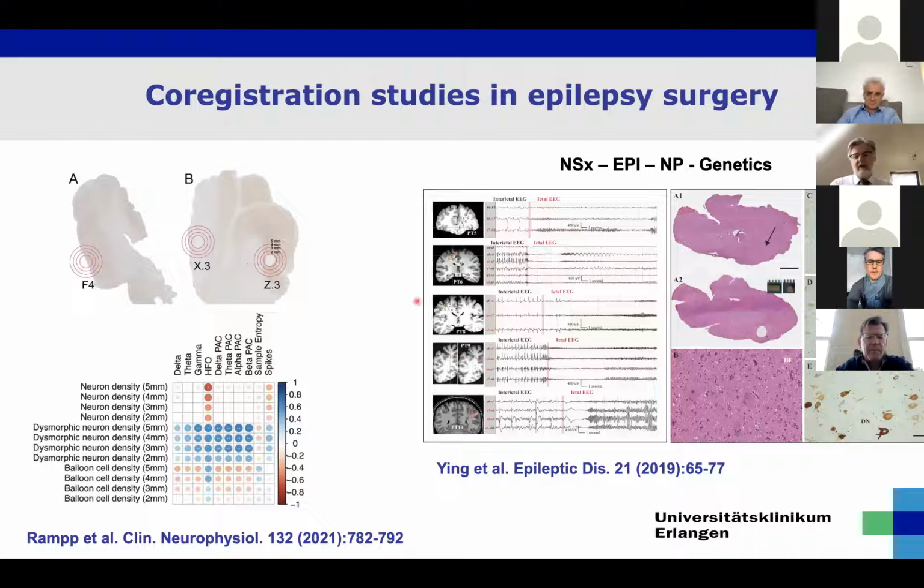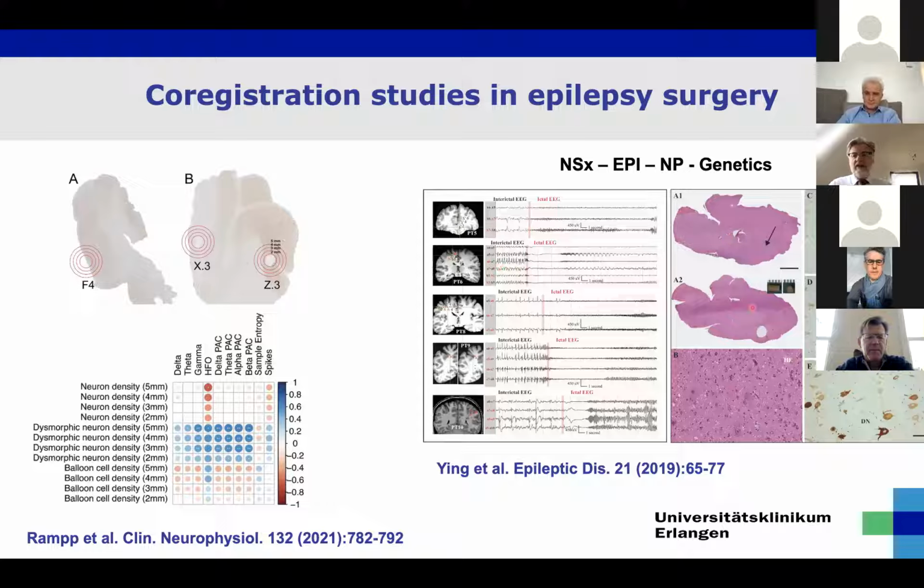And another study from a similar time period with the colleagues from the Cleveland Clinic did something very similar. Here they are all the intracerebral EEGs or stereo EEGs from patients with bottom of sulcus FCD type 2.